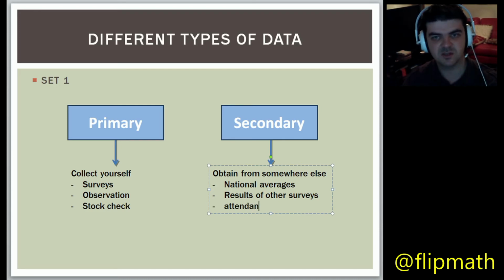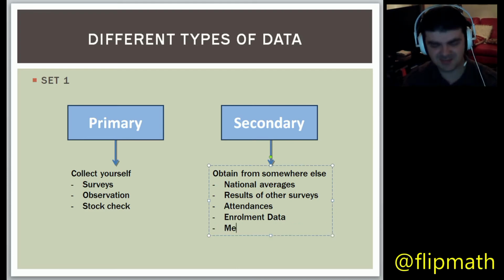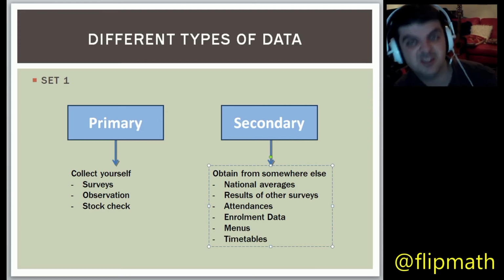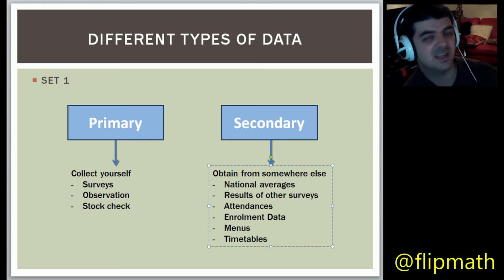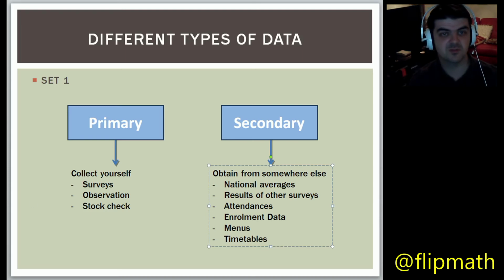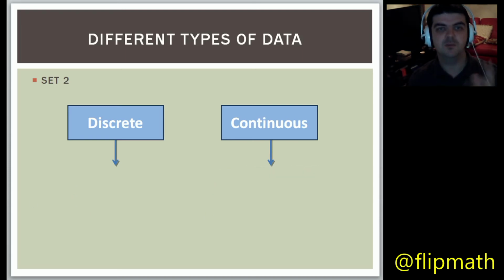So attendance is usually recorded by other people. Enrollment data can be secondary data. So when you all enrolled, you would have filled out an enrollment form. It can even be things like menus or timetables. They're all compiled by somebody else, and they're all forms of data. So any leaflets or pamphlets produced by somebody else is secondary data. So well and good.